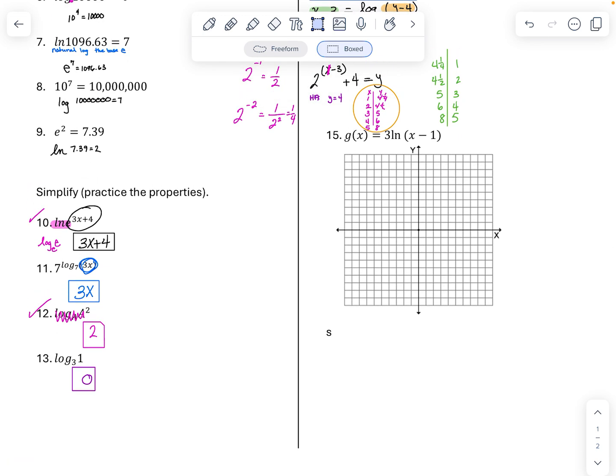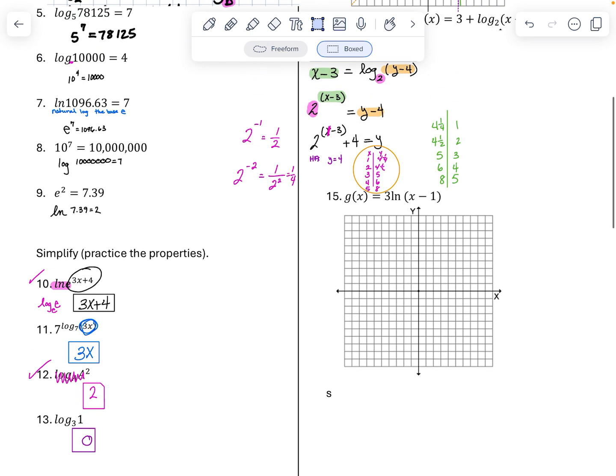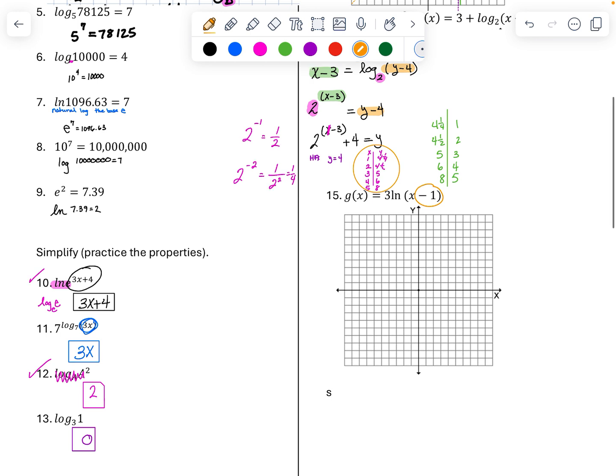So the next one is a logarithm. And if you don't want to do what we just did on the last one, that is fine. We are going to say, because this is the number -1, we are going to have a vertical asymptote.